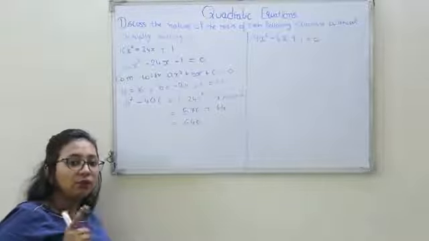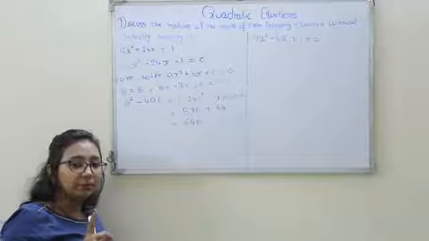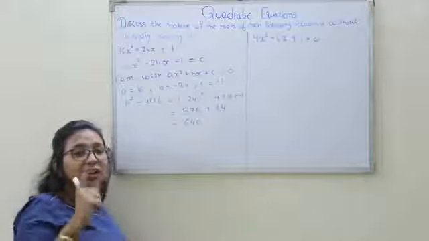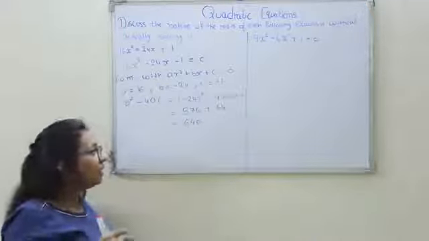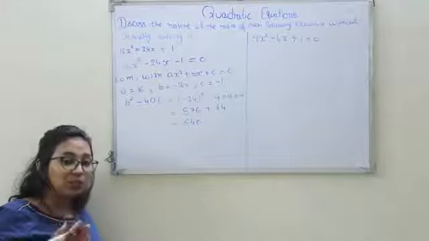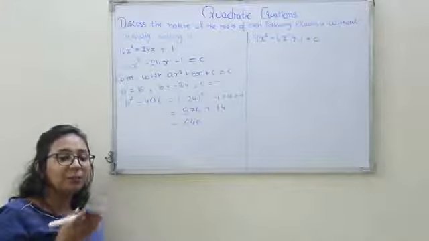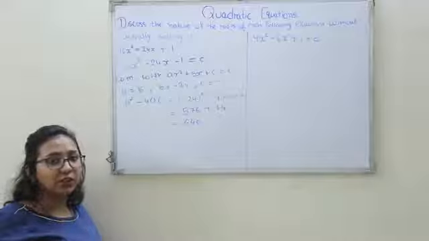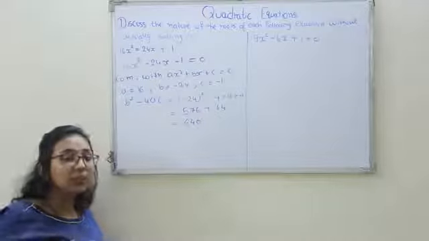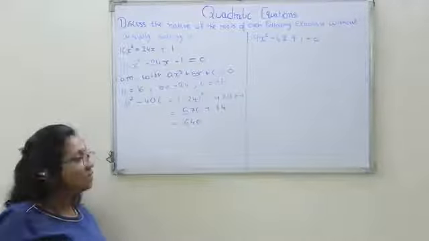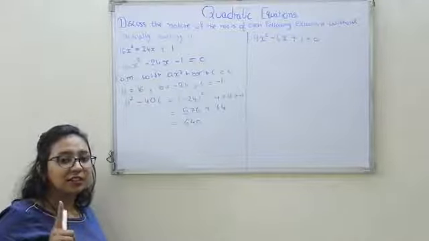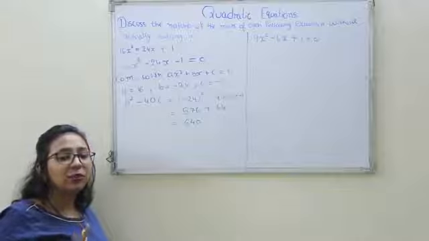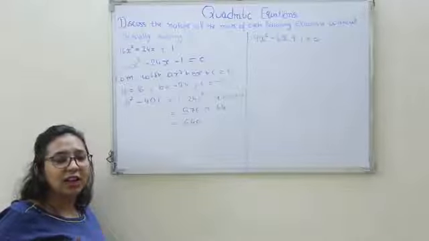So you have to recollect the first situation which you learned, that delta, that is the discriminant, is greater than 0. Now there were two situations: if that positive number is a perfect square or not a perfect square. You must be knowing squares up to 30. 640 is not a perfect square. So in this case, if it is not a perfect square, then the roots are irrational and unequal.